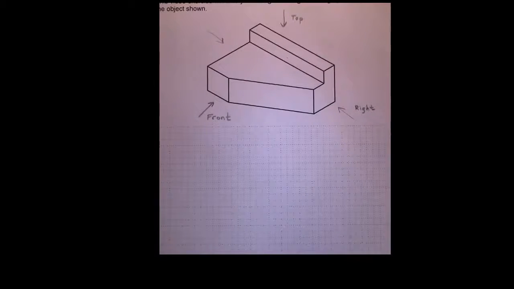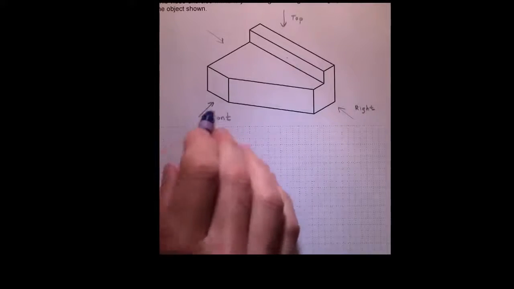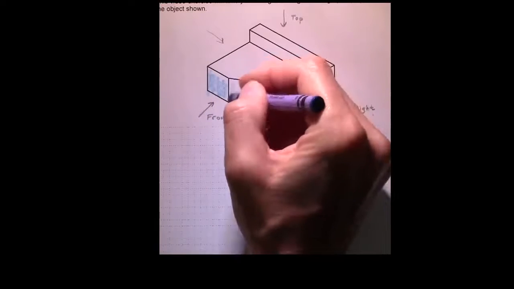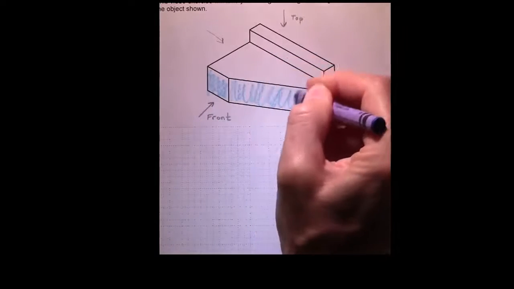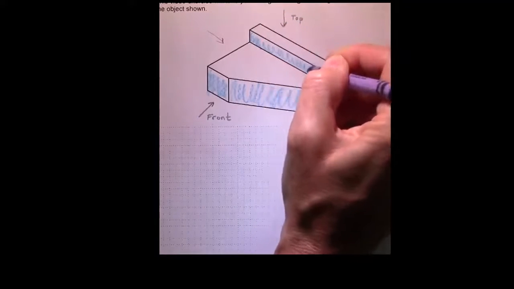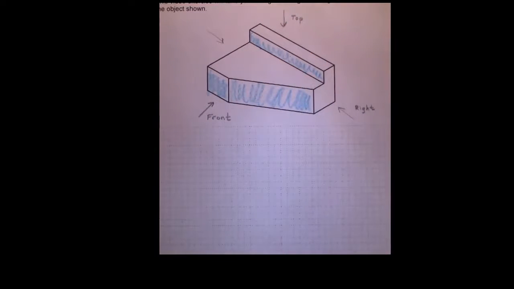Alright, now to get a better handle on visualization, what I like to do is shade in all the surfaces that you're going to see when you're constructing a particular view. So if we're doing the front view and we're looking this way, we would see this surface, that surface, and that surface.